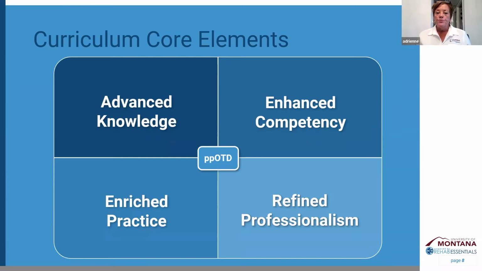How do we enrich practice? And how do we refine professionalism? How do we define it? And how do we help you to see yourself as leaders and professionals that can take all this new knowledge and move forward in your careers, whether clinically or academically, and use your new and advanced knowledge to promote and elevate the profession?